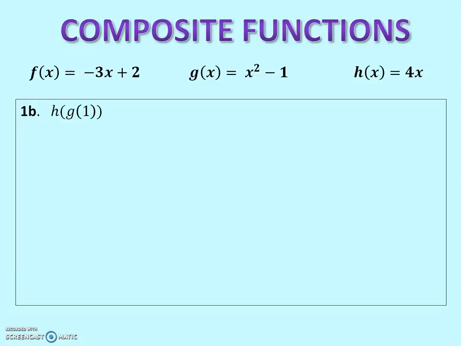Alright, welcome back. Let's do number 1B. Again, we're working from the inside out. So the first thing that we want to actually work on is g of 1. Okay, so let's use the g function here and plug in 1 for our x.